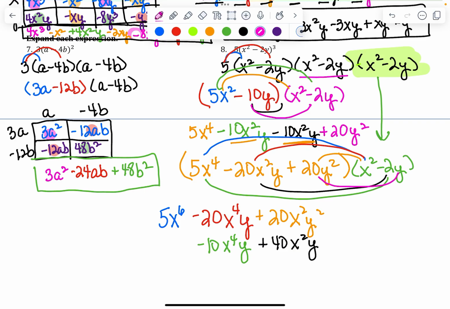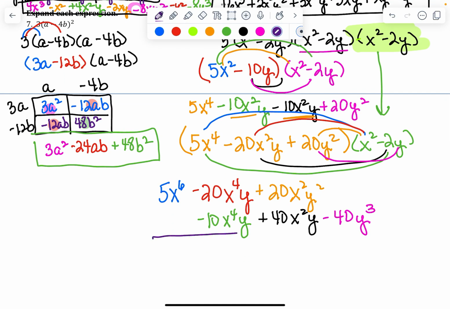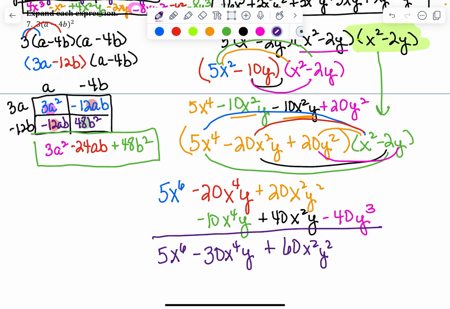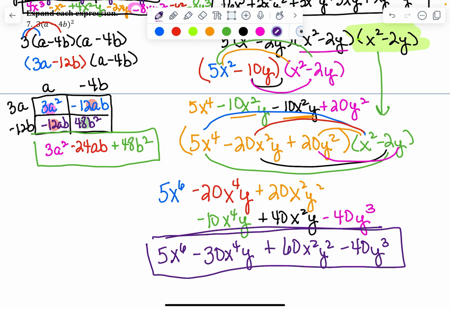And then this one would be a negative 40y to the third. So now I'm ready to combine and get 5x to the 6th minus 30x to the 4th y plus 60x squared y squared minus 40y to the third. And that is the end of that.